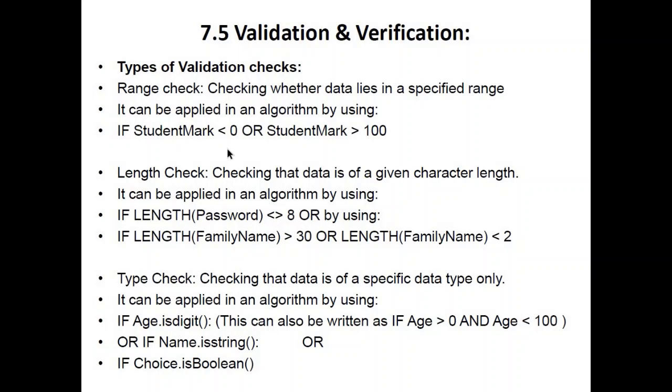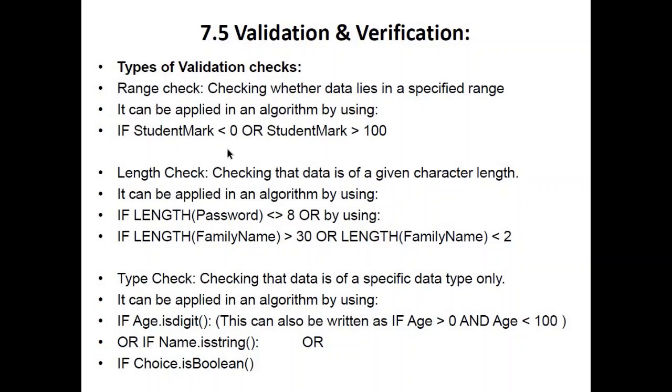Otherwise, you would accept the value. Obviously, if you are entering the scores for a test or an exam, it cannot be less than 0, and the percentage or the marks can in most cases not be greater than 100. So this specifies that the range is 0 till 100.